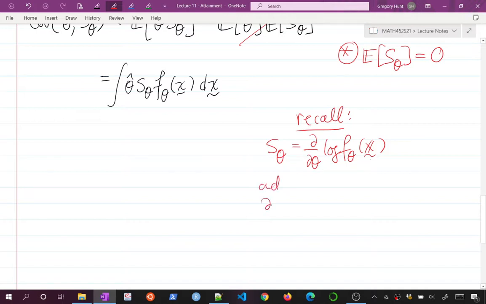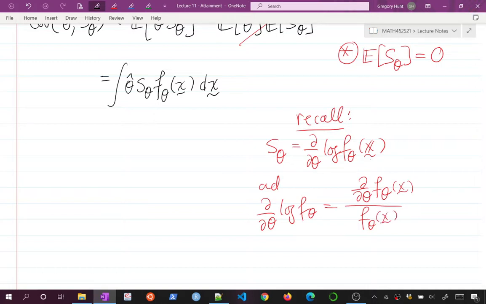And d theta of log f theta is, by the chain rule, the derivative of the log of a function. Let's write it this way: d theta of f theta divided by f theta. We can add our little x's here if we want to. What this means is that when I'm writing out this integral, I can replace s theta with this expression.